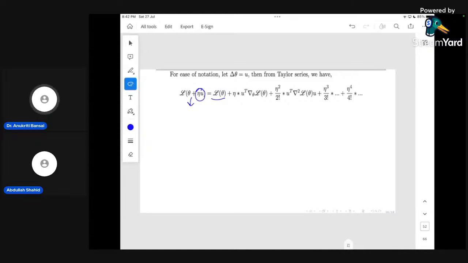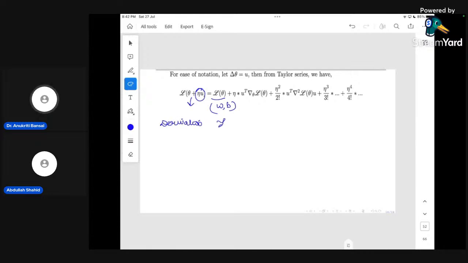So L theta, what is this L theta? This is my function with respect to W and B. Before understanding all these Taylor series equations, let's understand the basic concept of the derivative.